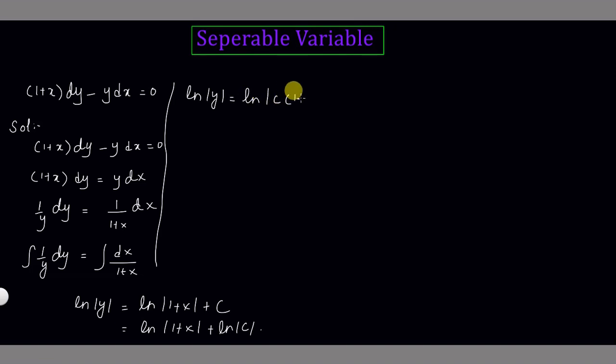C into 1 plus x, by taking anti-log, finally we will get the final answer, that will become c into (1 + x).